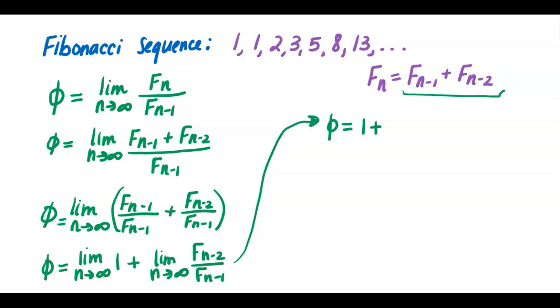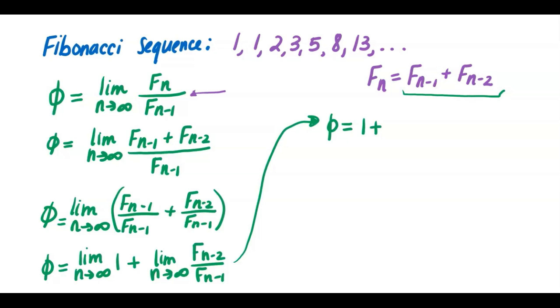Plus, now if we look at this one, the limit as n approaches infinity of f of n minus 2 over f of n minus 1, that would be the ratio of a term divided by the term that comes after it. Well, if we look up here at how phi is defined as the limit as n approaches infinity of a term divided by its previous term.